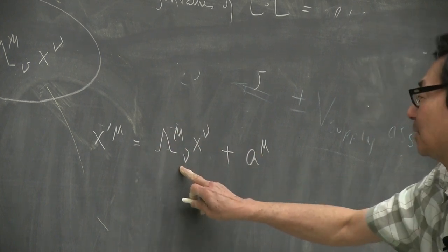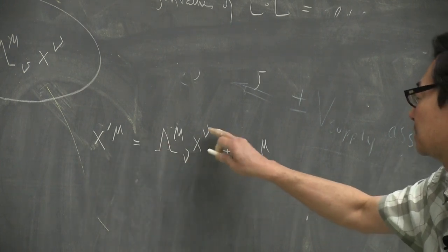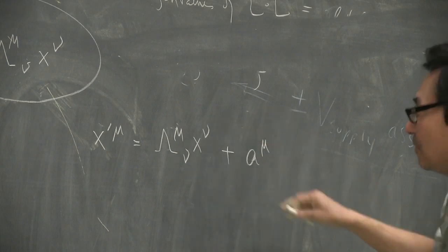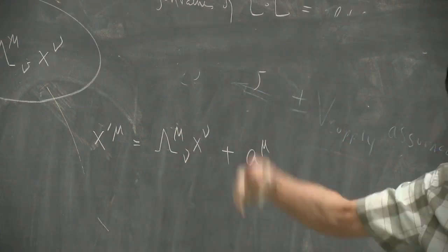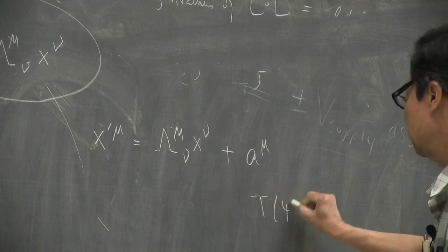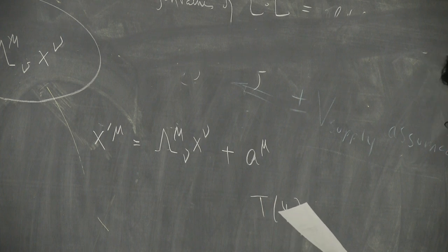So if this is the identity, x prime mu would be just x mu plus a mu. That's a simple translation part. So the translation is obviously a subgroup of the whole Poincare group. The translational part we write T4, translation in 4 dimensions.